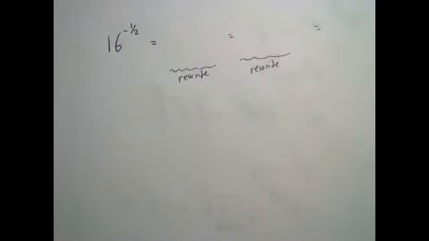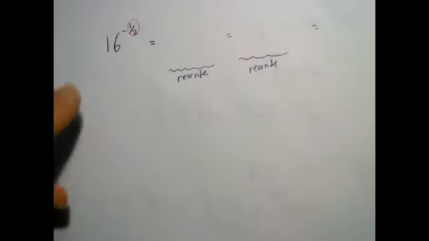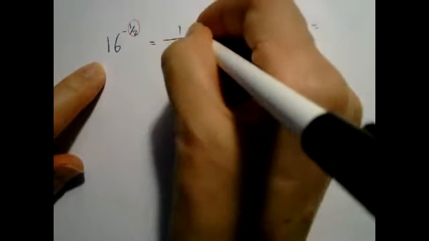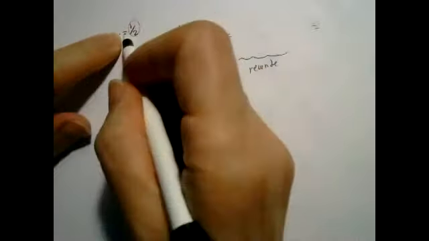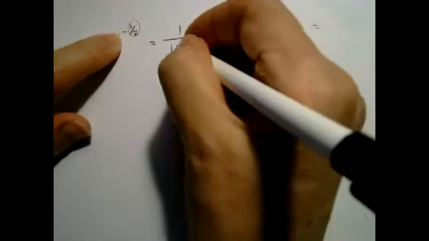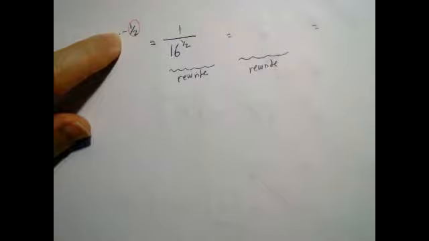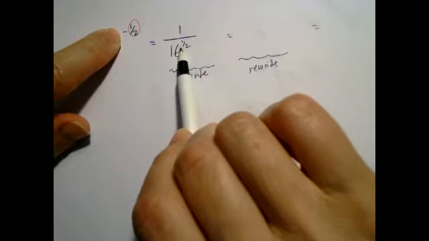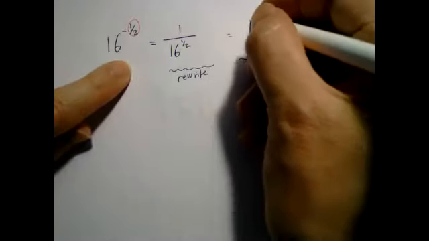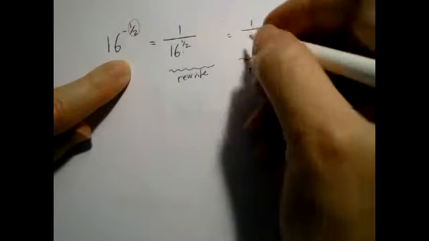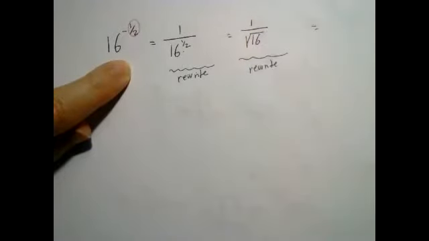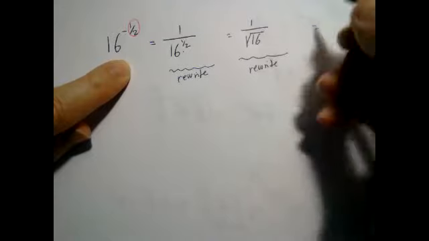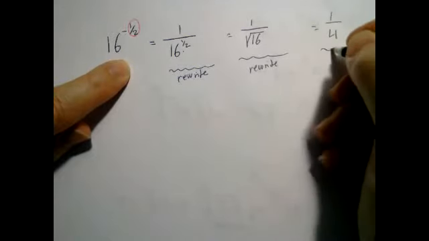This is playing the role of n. This is basically the power. Since I have minus, it means that it's 1 over 16. This minus, you turn it into plus to the power a half. Now we're done. I don't want fractional exponent. It means this is exactly the square root of 16, which is 1 over 4. That's the simplification.